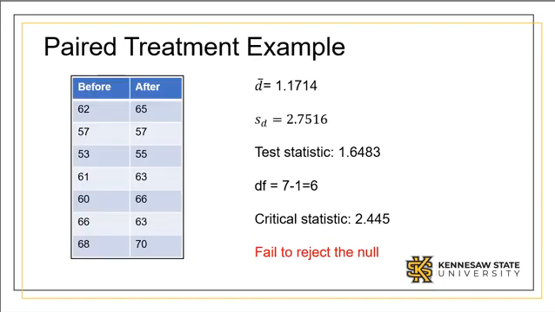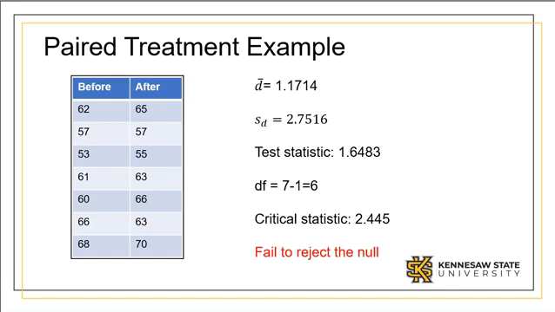Let's consider this example. We measure the conductivity of a material and then subject each sample to passivation. We then measure conductivity again to see if passivation has any effect on the conductivity. Assume alpha is 0.05. When calculating the differences consistently, subtract the after measurement from the before measurement.